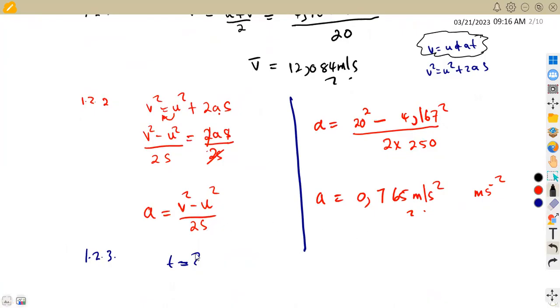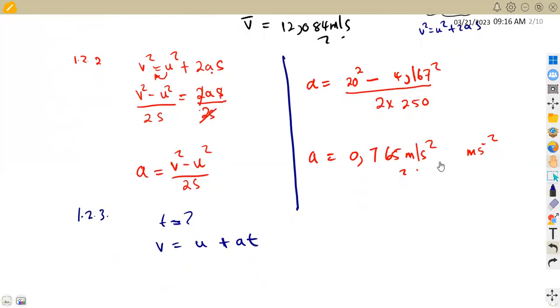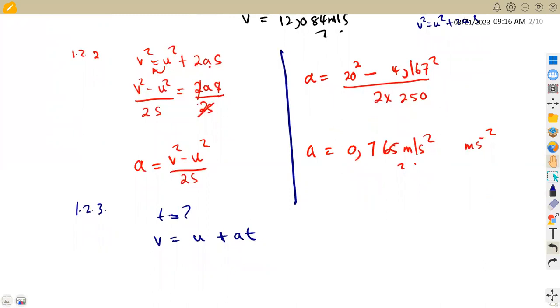So you can play around with this formula. Since V is equivalent to U plus AT, we can just substitute our values, then make T the subject and then calculate T, or you can make T the subject first. As for me, I prefer making the letter to be calculated the subject, then substitute values from there.